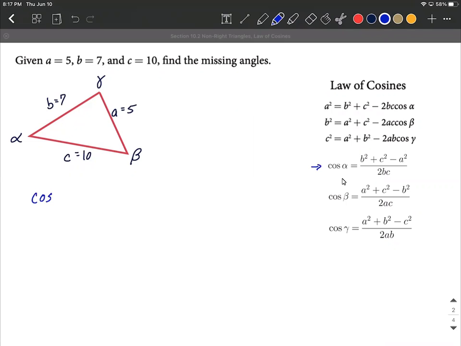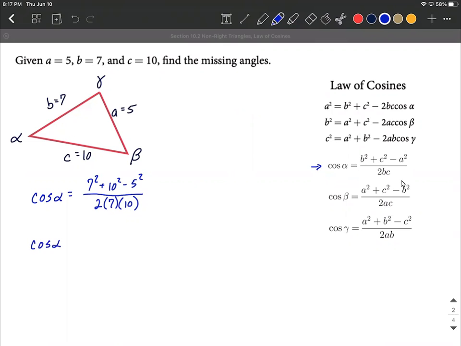So let's say cosine of alpha is going to equal, well, we've got b squared, so 7 squared, plus c squared, 10 squared, minus a squared, 5 squared, all over 2 times b times c. Hopefully pretty straightforward: plug it in, just using the values given to us, replacing a's, b's, and c's in our formula.